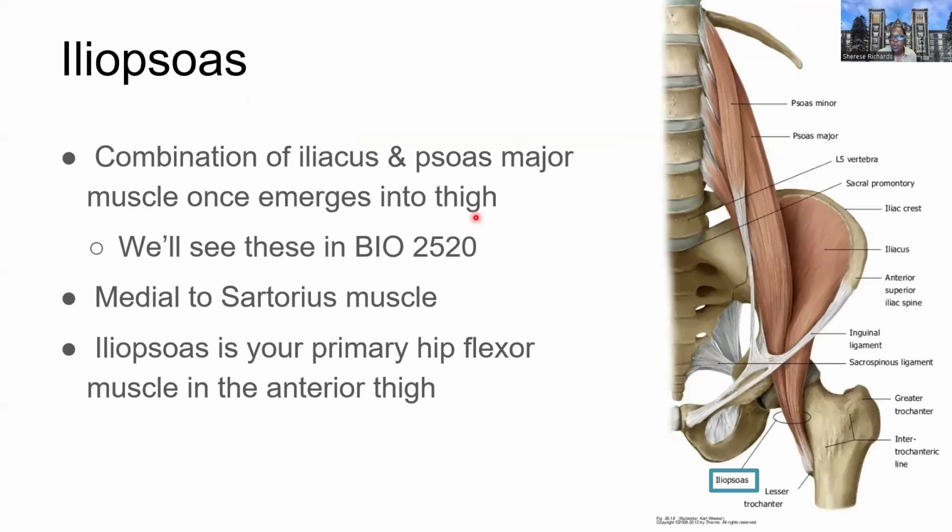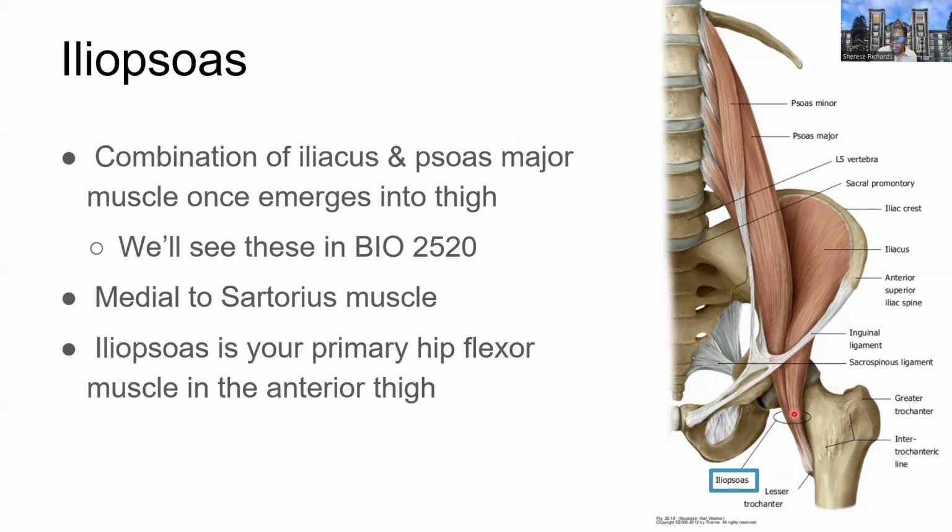Then we have the iliopsoas. Iliopsoas is really a combination of two smaller muscles in the hip. Here we have psoas major, psoas minor, which is much smaller and more tendinous, and then the iliacus. Iliacus is sitting in the iliac fossa. Distally, both of these muscles join to form one common tendinous insertion on the lesser trochanter, and together the distal part is the iliopsoas.